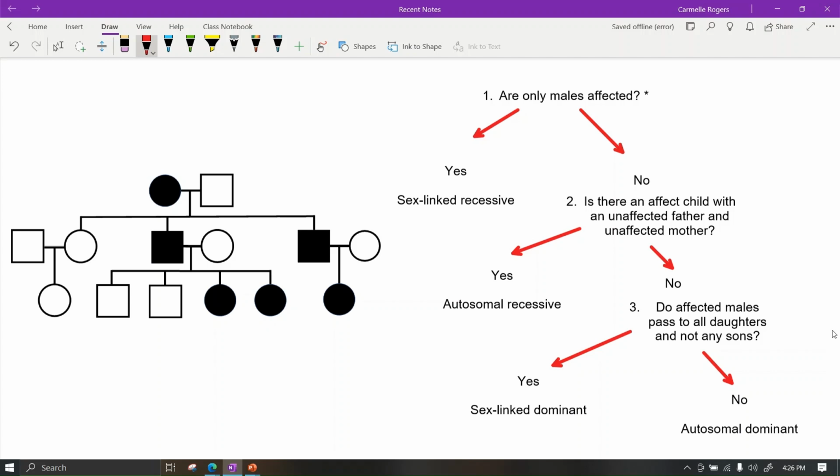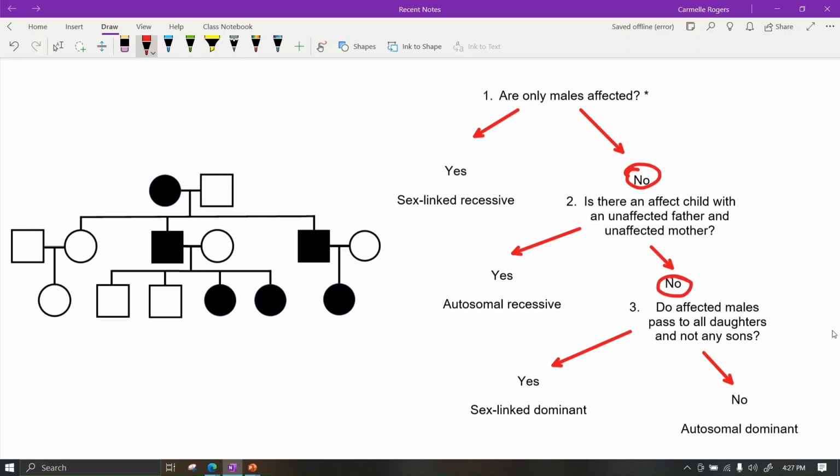So the answer here is no. Then we go to step 2. Is there an affected child with an unaffected father and an unaffected mother? So when we look at our affected children, there's none who have both parents who are unaffected. So the answer here would be no.